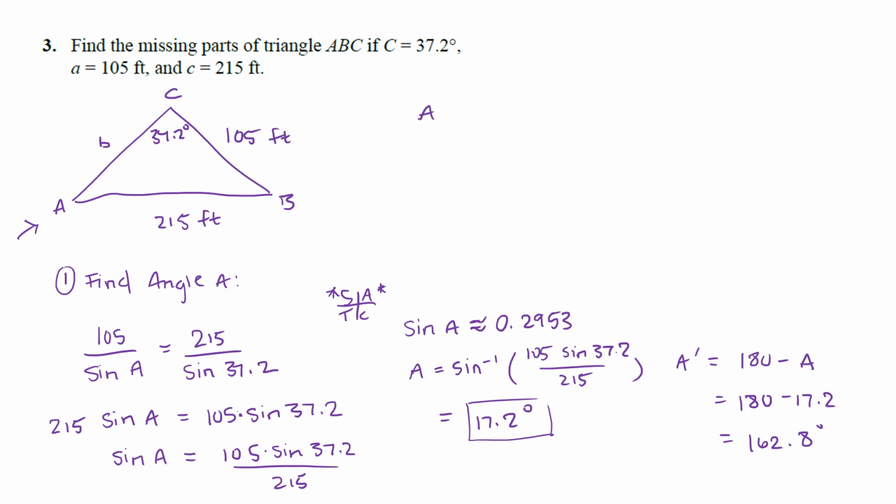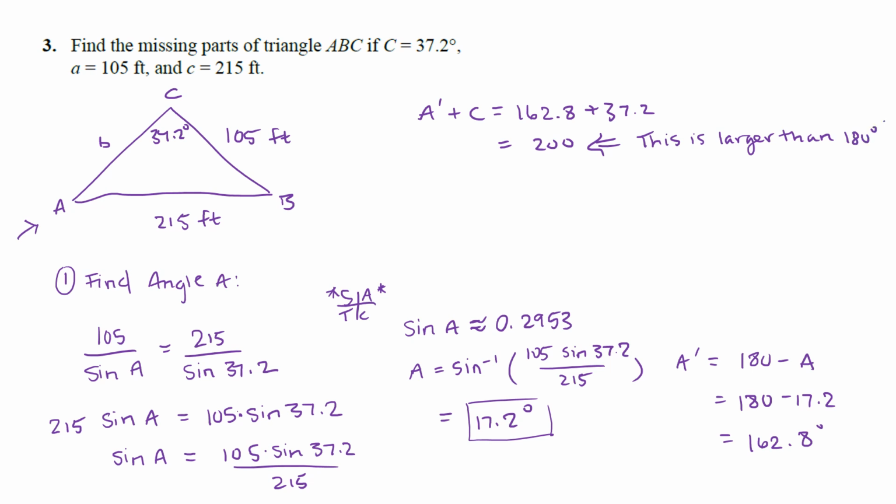So if we took A prime and we added it to C, we would take 162.8 plus 37.2. We would get 200. Now 200 is larger than 180.